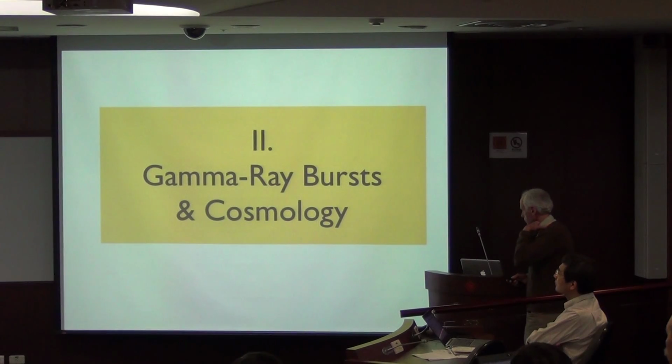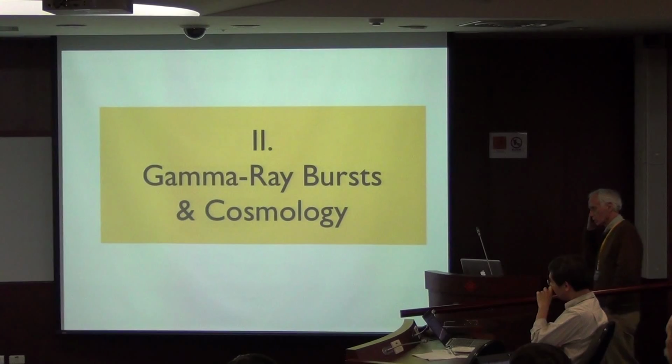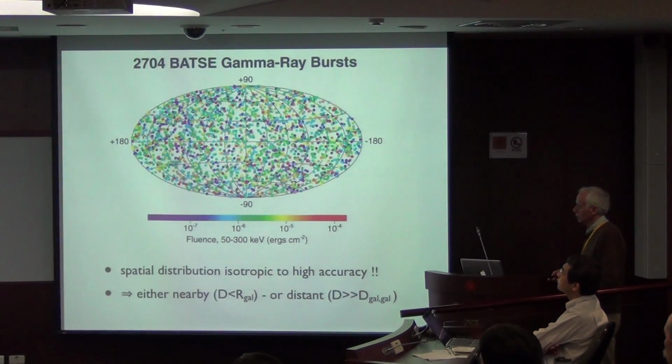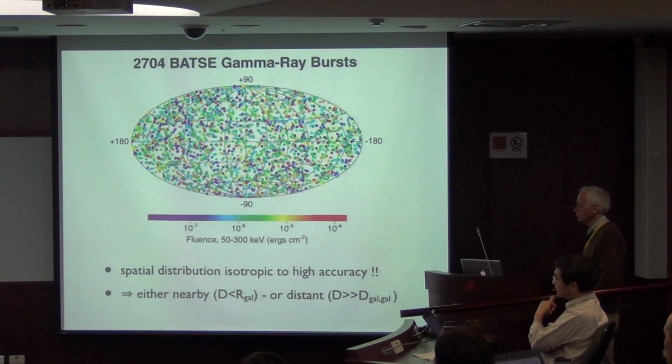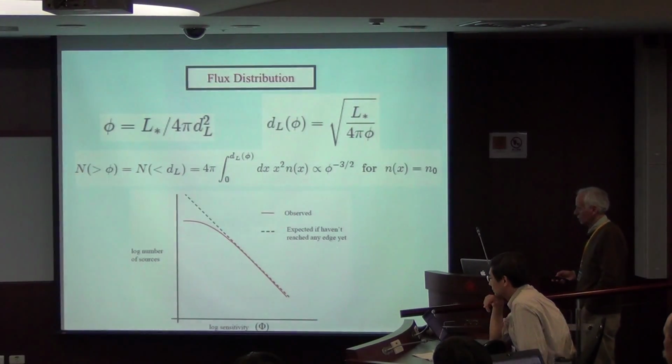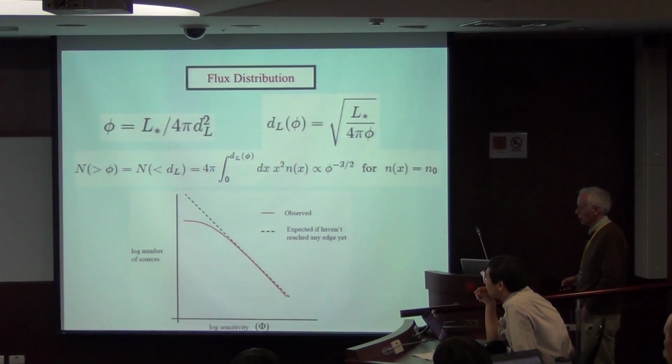All right, let me move on to discussing some of the connections of gamma ray bursts to cosmology. As I mentioned, the gamma ray bursts are distributed isotropically. The spatial distribution is to high accuracy isotropic, and the log N versus flux is more or less a -3/2 slope, as you expect in Euclidean geometry, and at low fluxes, meaning very high redshift, you get a departure.